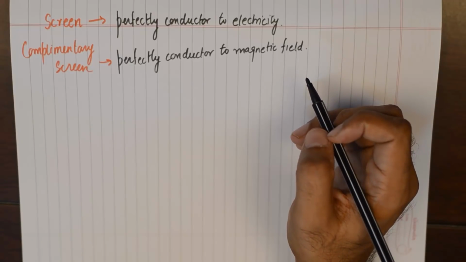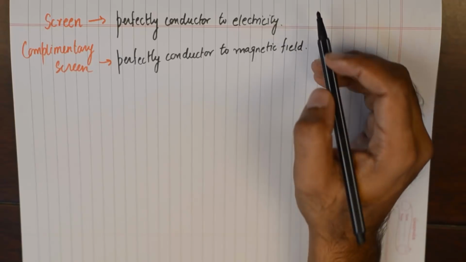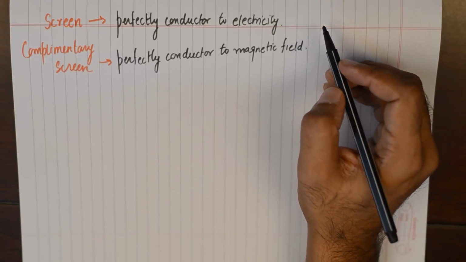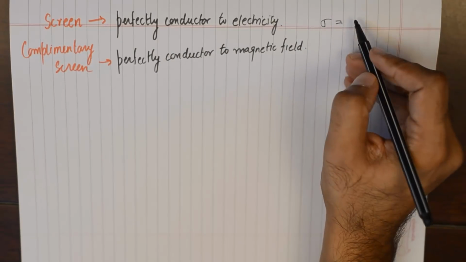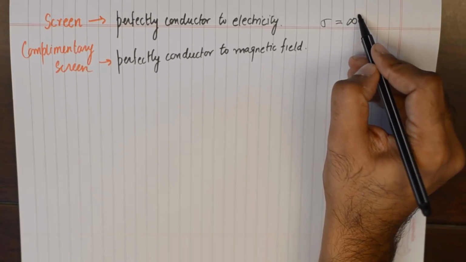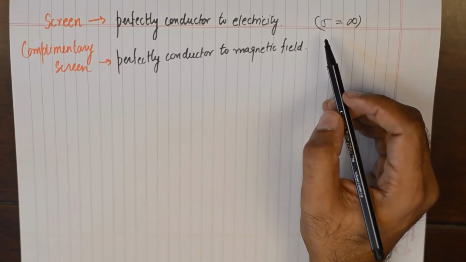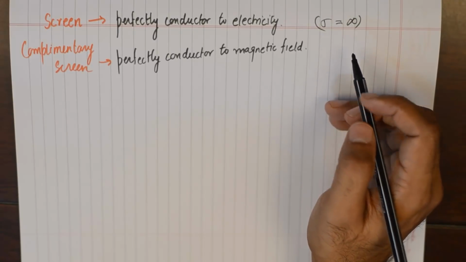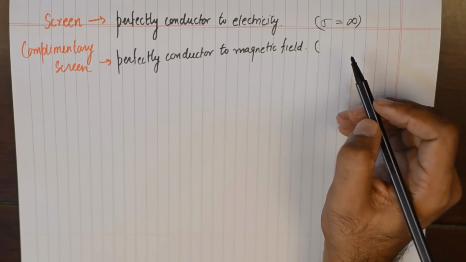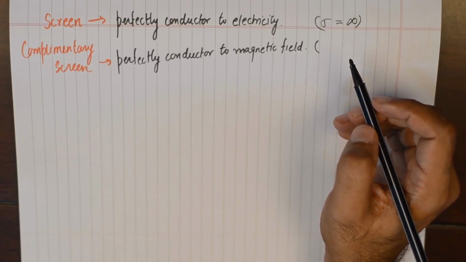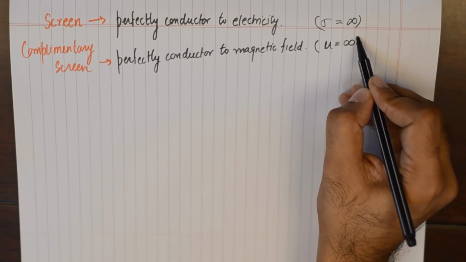vector that he mentions, because he says that screen can be represented as something that has sigma equal to infinity, that has no resistance to the electricity, and complementary screen would be some medium that would have mu equivalent to infinity.